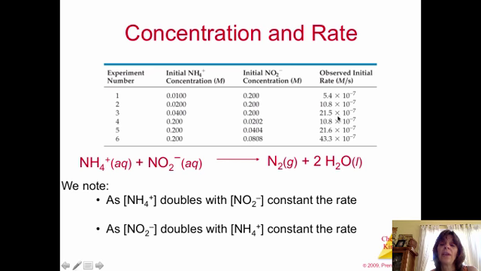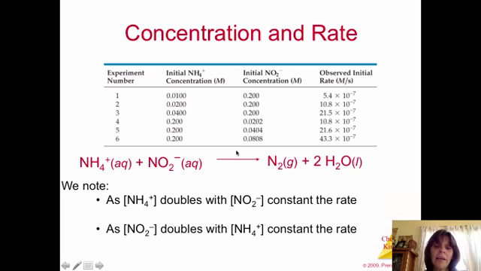You can see the rate change here, which must only be caused by a change in the ammonium concentration. In the last 3 experiments, the ammonium was kept constant while the nitrite changed from 0.0202 to 0.0404 and again doubled to 0.0808. So any rate change in the last 3 experiments was caused by the change in the NO2 ion concentration.